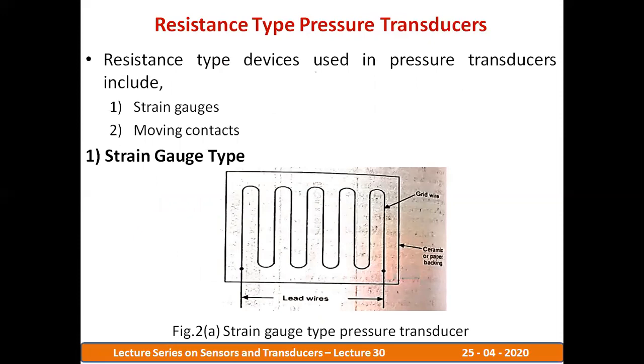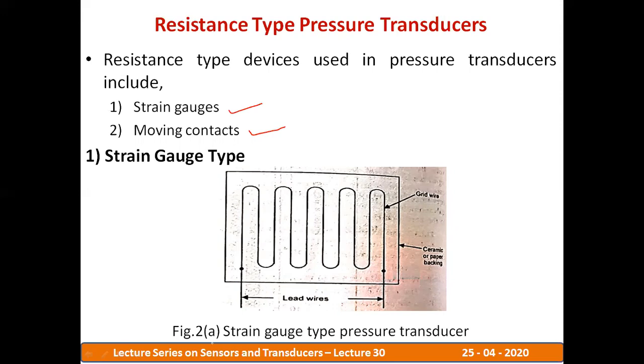Okay, so to begin with, resistance type pressure transducers. Resistance type devices used in pressure transducers include strain gauges and moving contacts. One is a strain gauge type of transducer and another one is a moving contact type of transducer. We already know the working of a strain gauge, and we are very much familiar with its construction.